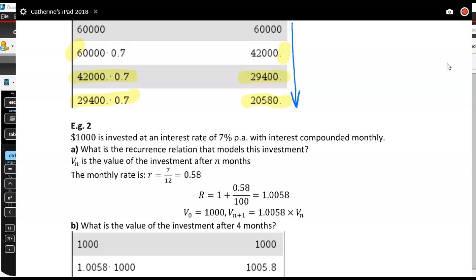So $1,000 is invested at an interest rate of 7% per annum with interest compounding monthly. What is the recurrence relation that models this investment? Okay, so Vn is the value of the investment after n months. It's 7% per annum, so that means per month is 0.58%.